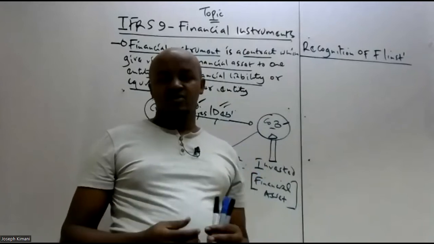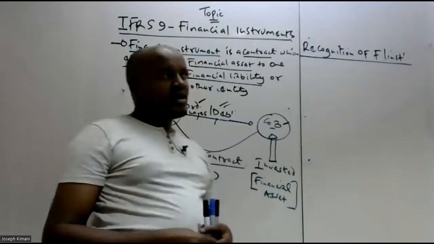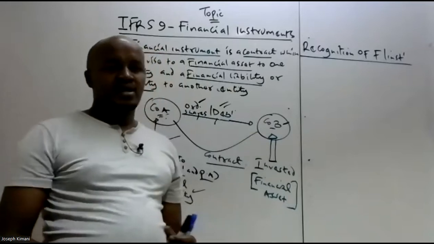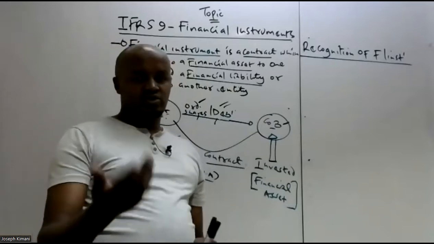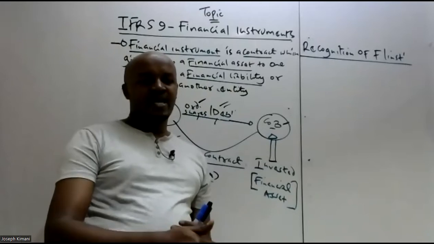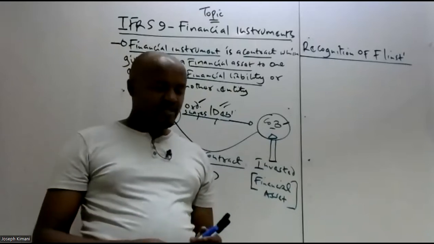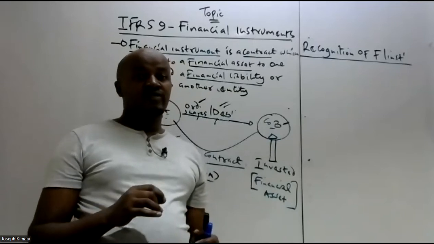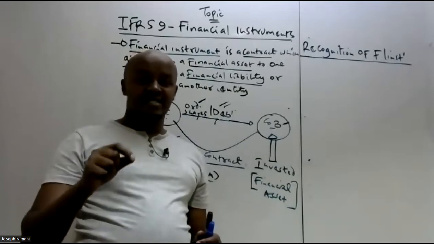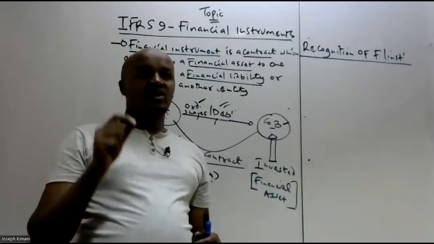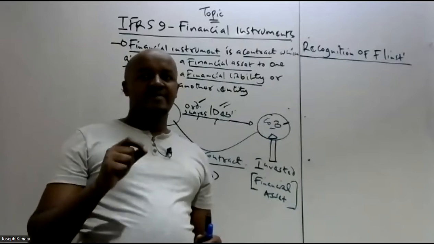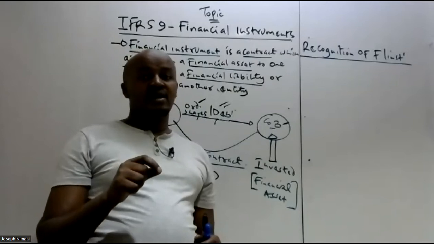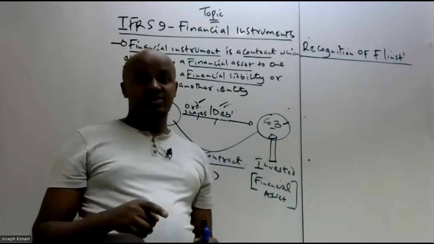Now, IFRS 9 requires that whenever the company, for example, has issued some shares, whenever the company has issued some debt instrument, or even when the company has invested in shares or in debt instruments, the company should go ahead and recognize such a financial instrument in its books of account whenever the company becomes a party to such a contractual relationship, even if the company has not paid cash for the shares acquired, or for the debentures which have been issued.